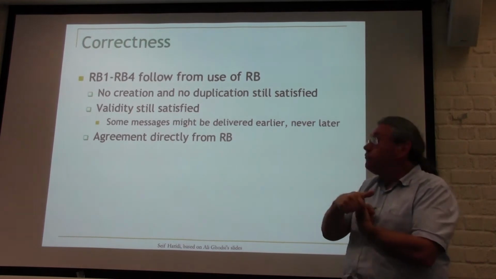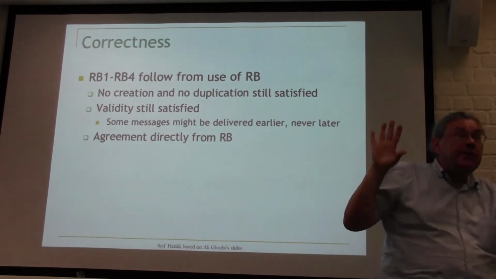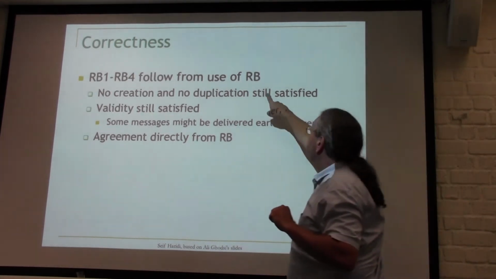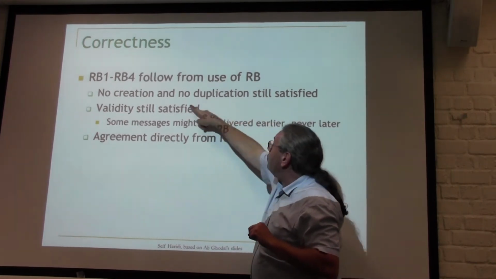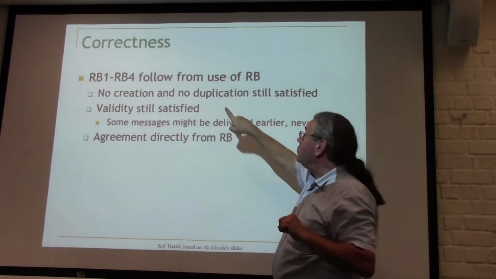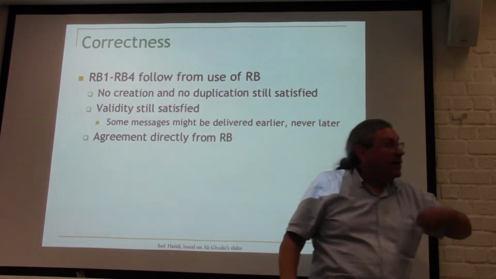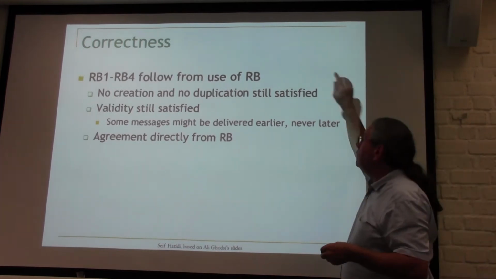So the first thing we have to show is that RB1 to RB4 still hold, because they hold for RB. So it's clear RB is not creating and not duplicating. That was two of those properties. And we're only adding past to the RBs. We're not adding anything more. So we still satisfy that.